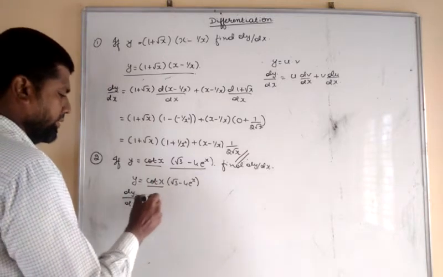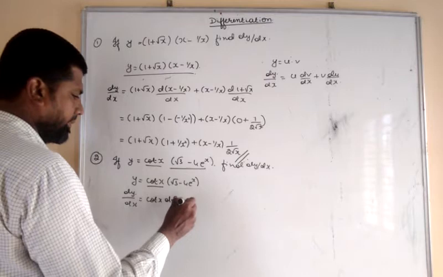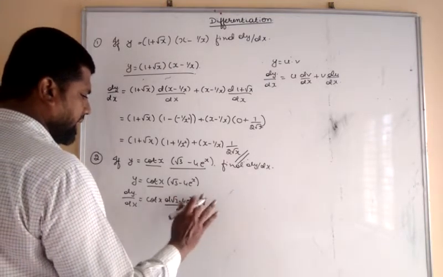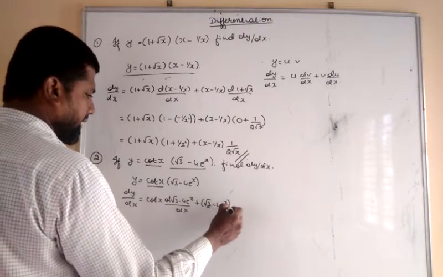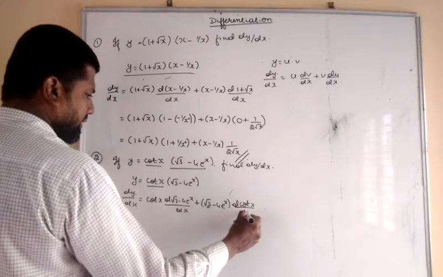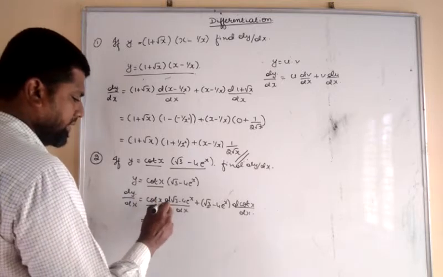So this is u, cot x as it is, differentiation of v as it is, v means root 3 minus 4 e to the power of x, then differentiation of cot x. Here you should keep cot x as it is.